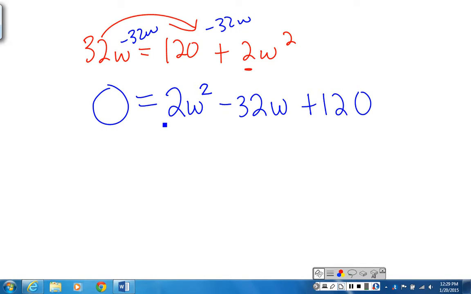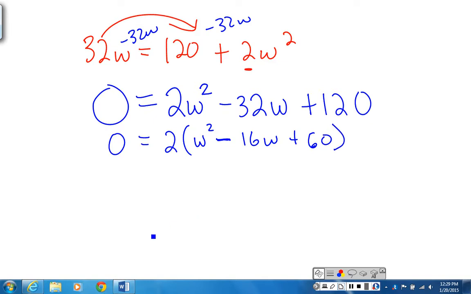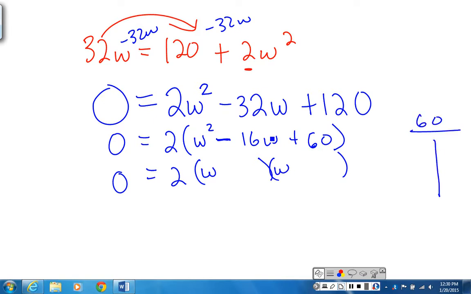Notice that we have a GCF here, so let's take that out. 2 times W squared minus, hopefully y'all are going along, 2 times what is 32W, plus, here we can continue to factor because we haven't factored completely. This is a trinomial, so I know it's going to be W and W, but what are factors of 60 that add up to negative 16?